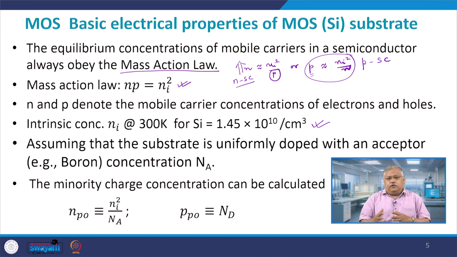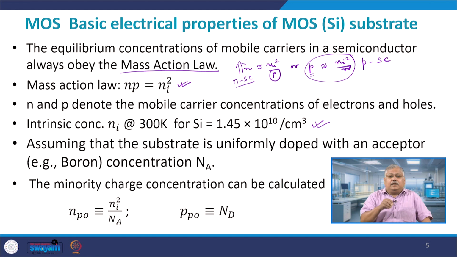Now, if you assume that you dope it with a third group element, which is an acceptor ion Na, then obviously the number of holes will be equal to the concentration of the acceptor ion, if I assume 100% ionization. What does that primarily mean? That all the Na particles which you have inserted from outside are each contributing one hole.